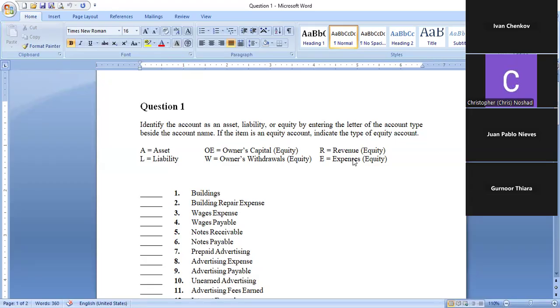I'll show you the exceptions. But again, if it says payable, most likely it's a liability. If it says expense, most likely it will be an expense, unless it's prepaid expense.